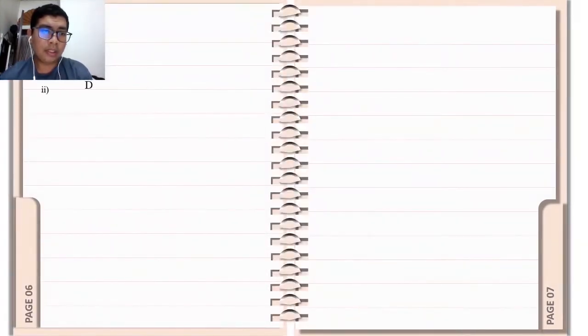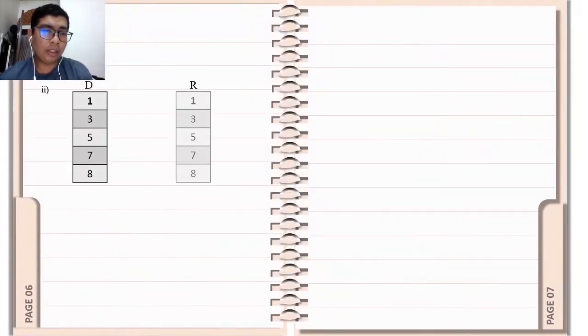First we have domain and range. On the left hand side, we have the domain 1, 3, 5, 7, 8. And for the range we have 1, 3, 5, 7, 8 also. Then we pair these two according to the relation F. So first we have 1 to 7, 3 to 7, 5 to 1, 7 to 8, and last but not least, 8 to 5.